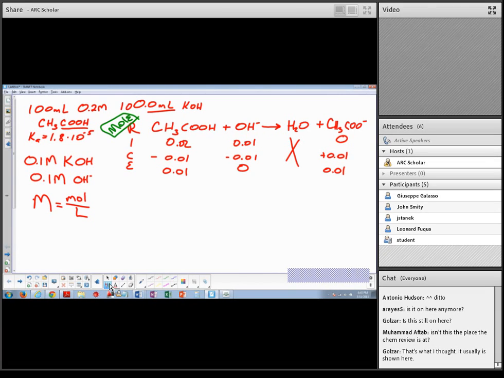So now I can go ahead and convert these back into molarities, and I could use another ICE table to find out how much of this is dissociating, how much H plus is being formed. So, first of all, what's my total volume? That's important here. We started off with 200, we added 100, we added another 100. So we're at 200 milliliters now.